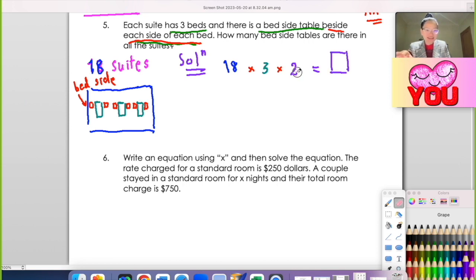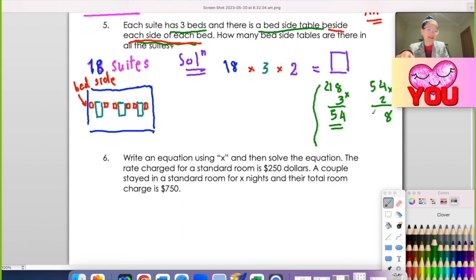Let's work it out together. 18 times 3 is 54, times 2 is 108. So your answer is 108.